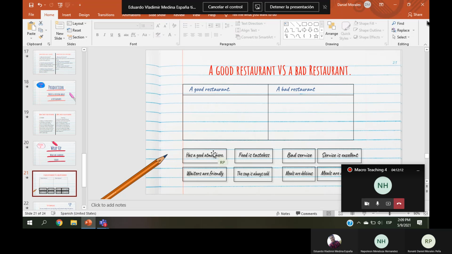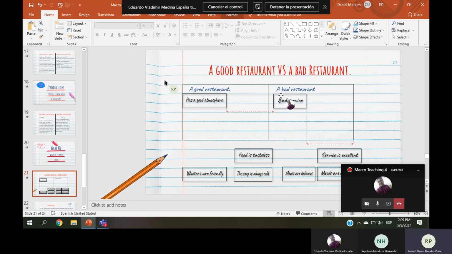A good atmosphere is a characteristic of a good restaurant. Eduardo, continue. Good or bad characteristic? I'm going to start with a bad restaurant because of my experience, of course.